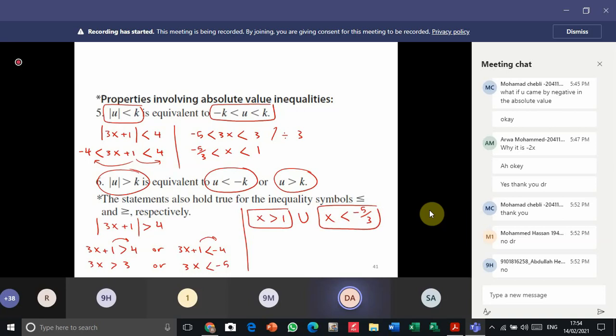So we have from 1 to infinity union from minus infinity to minus 5 over 3.